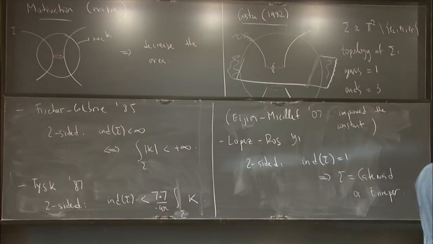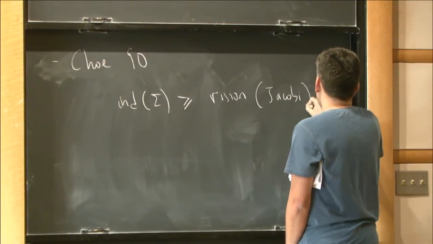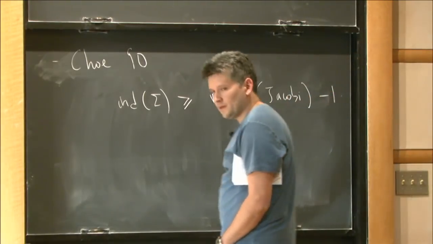So Choi did an analog of that. He proved that the index of a minimal surface in R3 is greater than or equal to what he called the vision number of certain appropriate Jacobi fields, minus 1.